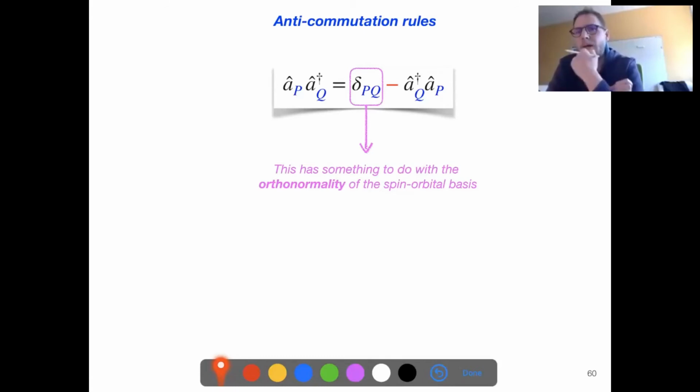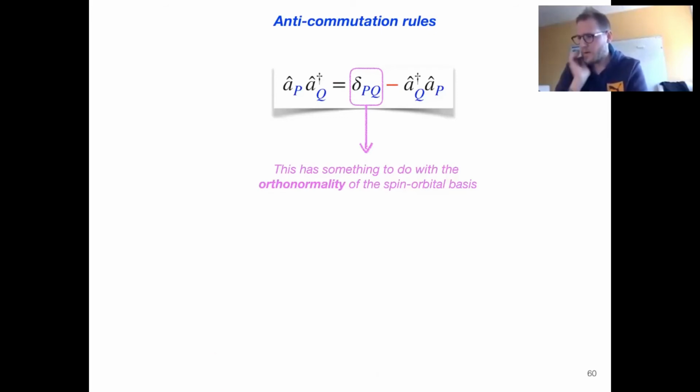If you were working in a non-orthonormal basis, your anti-commutation rules would not be that simple, and in particular you would not have this delta PQ. The delta symbol appeared in first quantization because we had an orthonormal basis, and it reappears here in the notation of second quantization. There is a connection between the two, so I can show you that.